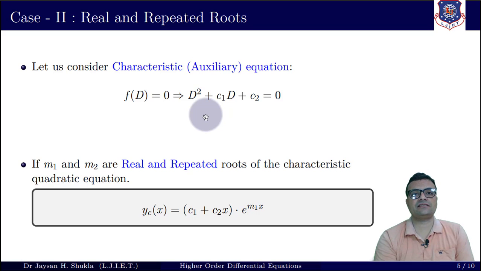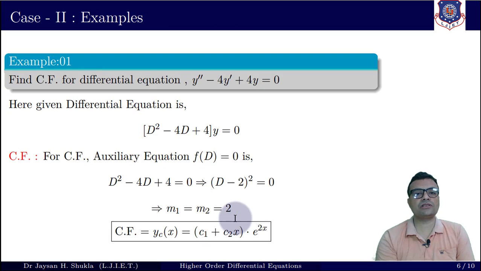In such a case, we have (c1 plus c2 x plus c3 x square) into e raised to m1 x. This is how you can deal with repeated real roots in case of an auxiliary equation. Now let us go through some examples.